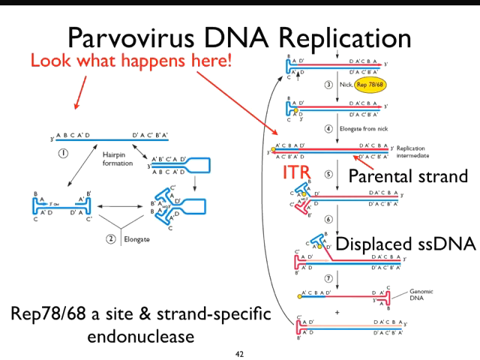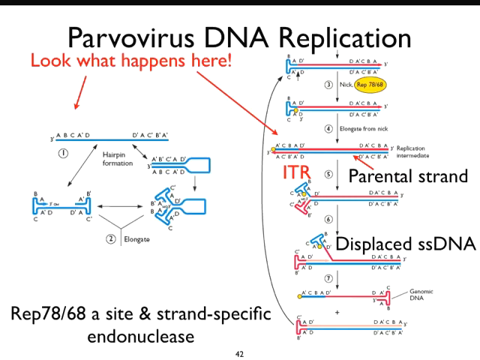And this guy can now fold back over on itself, as it did before, and you can continue synthesis again. So each one of the hybrid molecules, part parental, part daughter strand, are capable of being replicated, and they replicate exactly in the same way, and you get thousands and thousands of genomes in a cell, single-stranded, and both plus and minus strands are packaged.